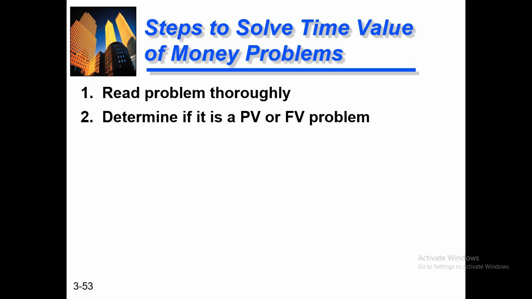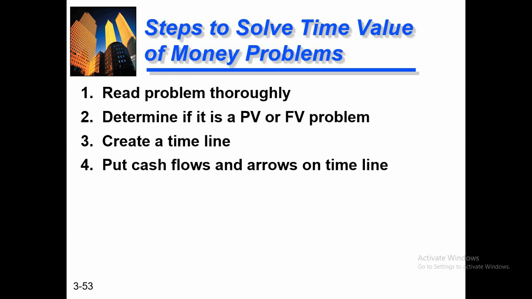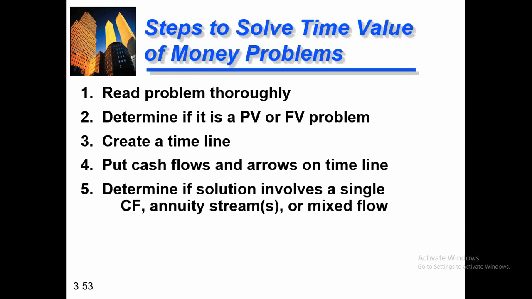After that, you need to identify whether your problem is based on present value or future value. After identification, you need to create a timeline and allocate your cash flow streams on it. In the fourth step, you need to put the cash flows and the arrows on the timeline, writing down your cash flow figures.